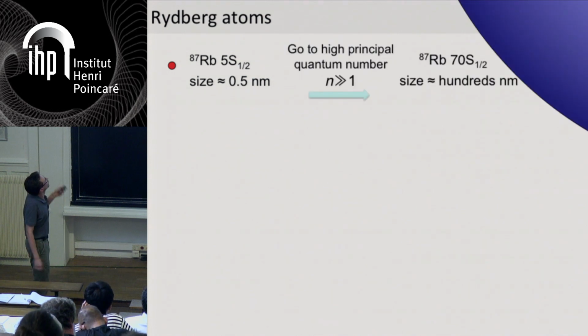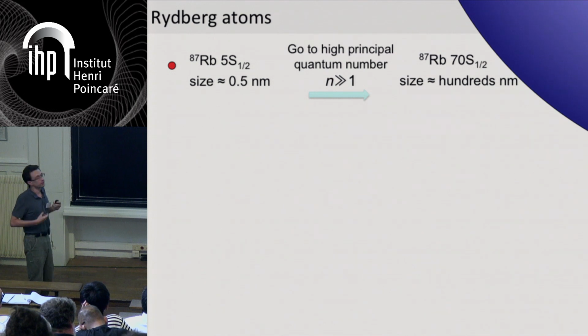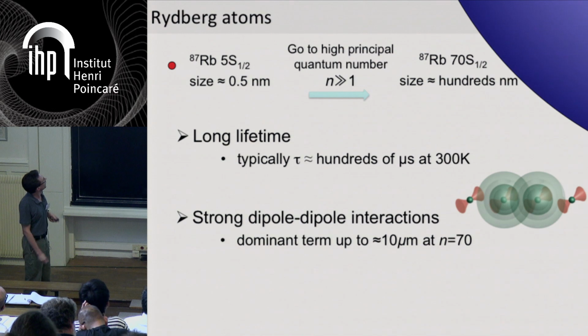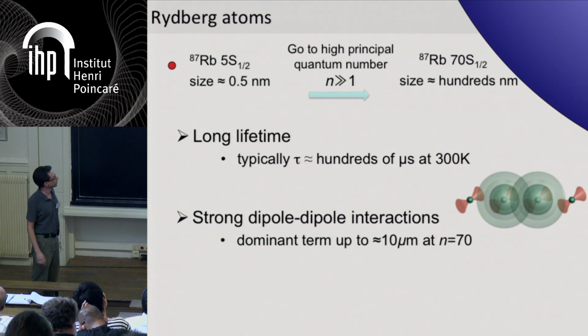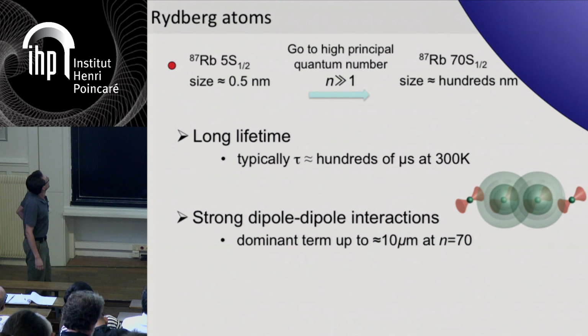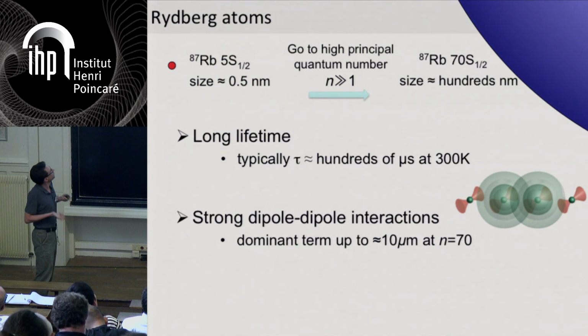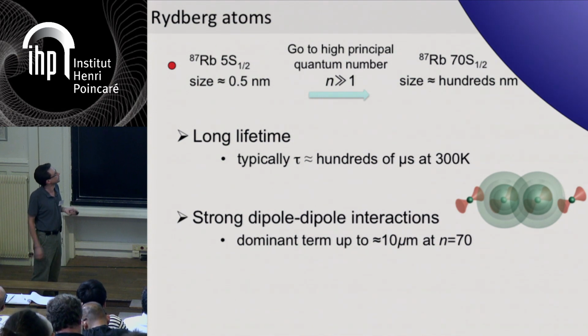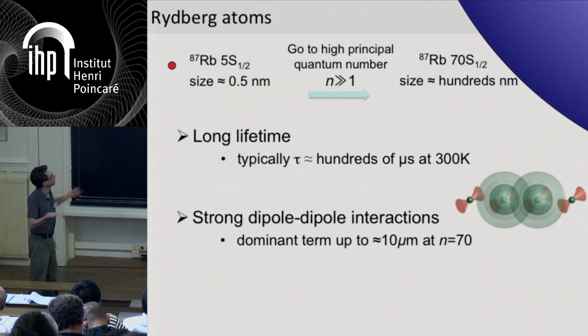But basically, when you couple an atom to a high value of the principal quantum number, this gives the atom some exaggerated properties, including long lifetimes and strong dipole-dipole interactions. Here we restrict to low L levels in these experiments. In particular, these dipole-dipole interactions can be the dominant energy term up to 10 microns, which is typically a few sites across the array for n equals 70, which is our choice of principal quantum number.